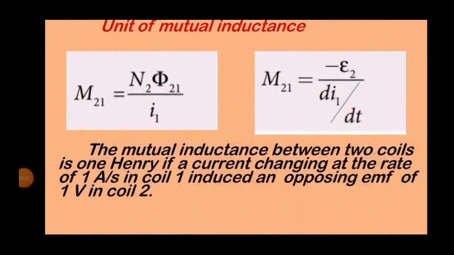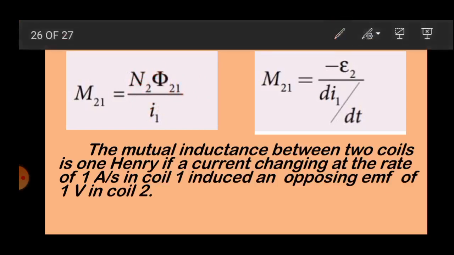Next, find the unit of mutual inductance. Taking the equation M21 is equal to N2 Phi21 divided by I1. Already you know the unit of magnetic flux is Weber, and the unit of current is ampere, so Weber by ampere.